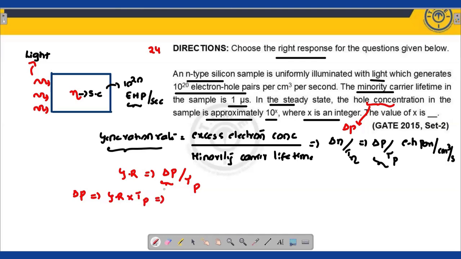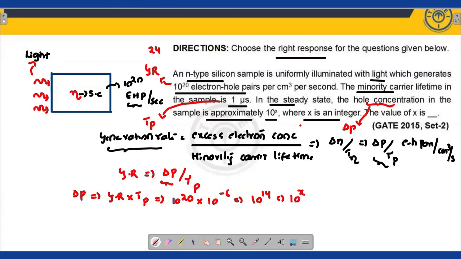The generation rate is approximately 10 power 20, and the minority carrier lifetime tau p is 1 microsecond, which is 10 power minus 6. So you get 10 power 14, which is equal to 10 power x.